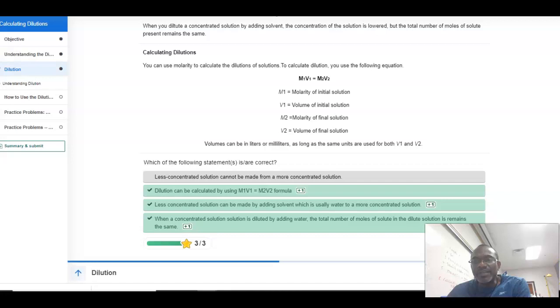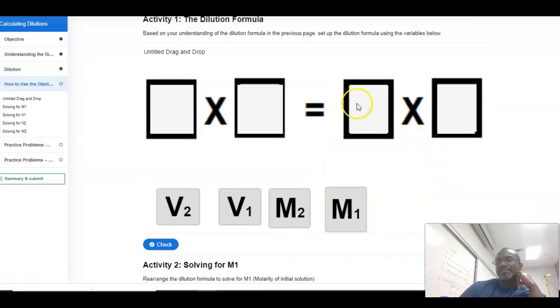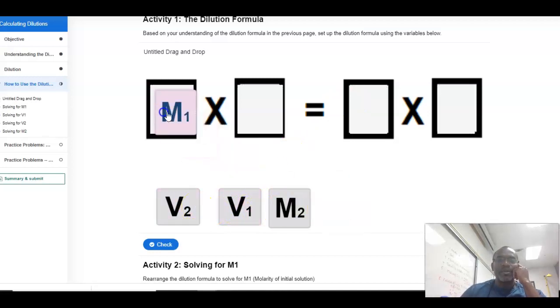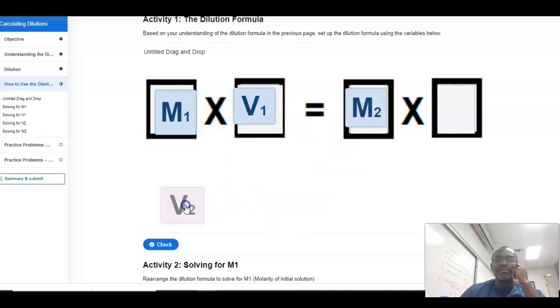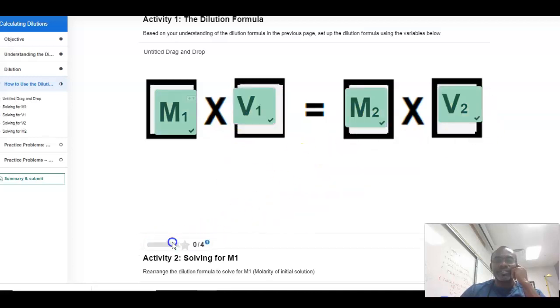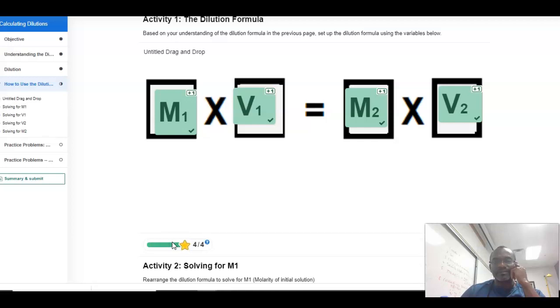Now, once you're done with that, you click on next. That gives you the dilution formula itself. You have to walk through this to see how to use the dilution equation. We already know that M1 times V1 is equal to M2 times V2. You check, which means it's correct.